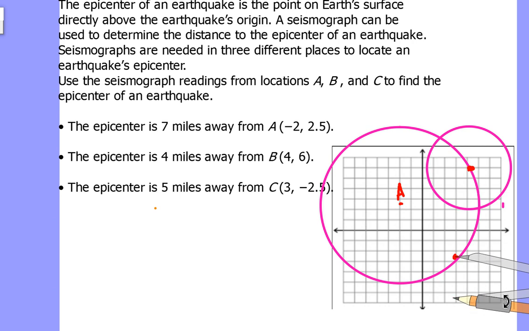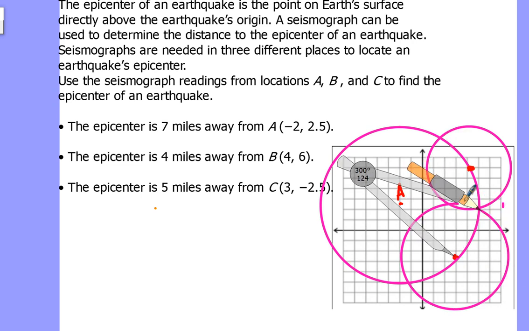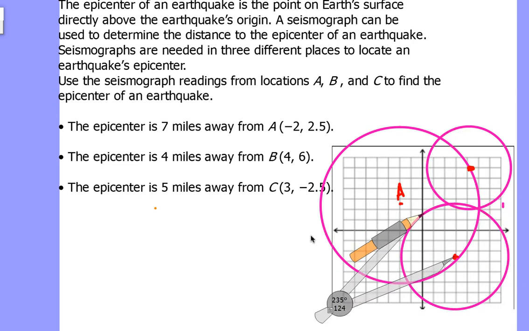I'm going to move around and put it over here so it's easier to count. So we're down here, and I need to go 1, 2, 3, 4, and 5. I need to bring it up just one more, to about right there, and then I make my circle. And bada boom.